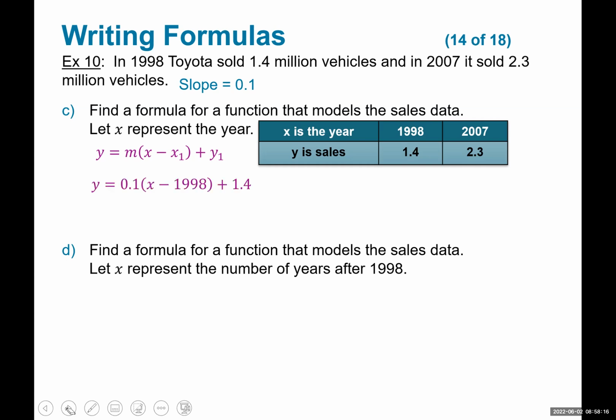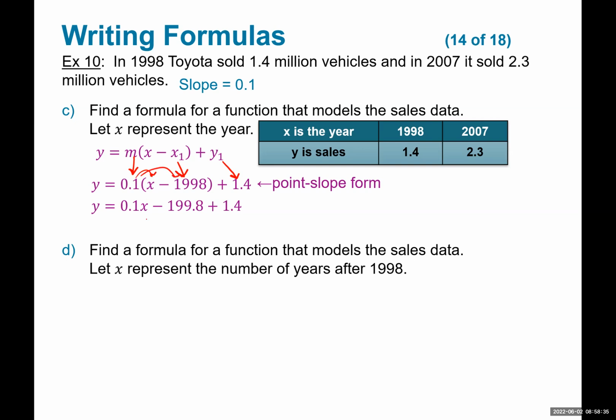And let's use the 1998 and the 1.4. 1998 goes in for x, y is 1.4, and we see our m. That's the formula. You can stop right there. If you wanted to continue, you can get it into slope-intercept form by multiplying with the distributive property and then simplifying. And that would be considered slope-intercept form.